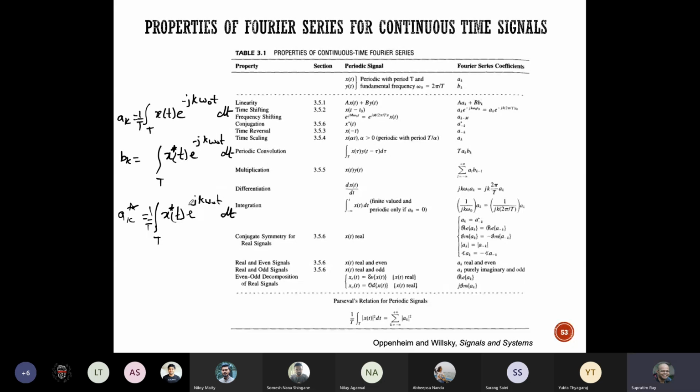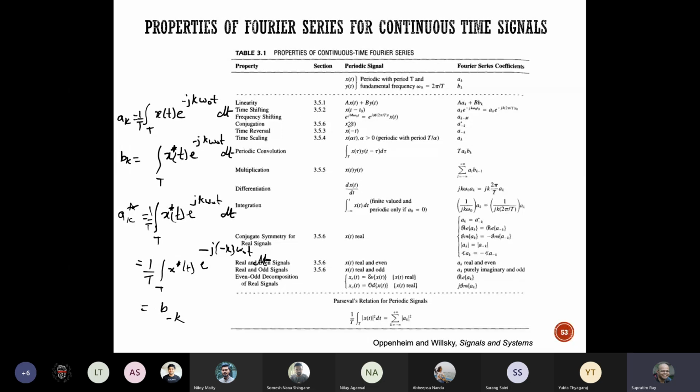I told you the conjugate just changes the sign here, but this can now be looked at as e to the power minus j of minus k omega naught t dt. So this is the minus kth coefficient of b. So b_k is just a star minus k.